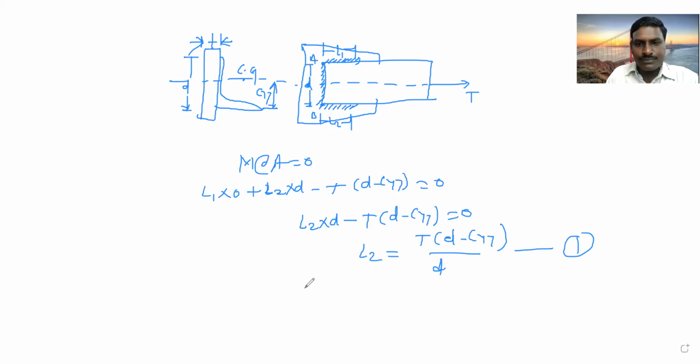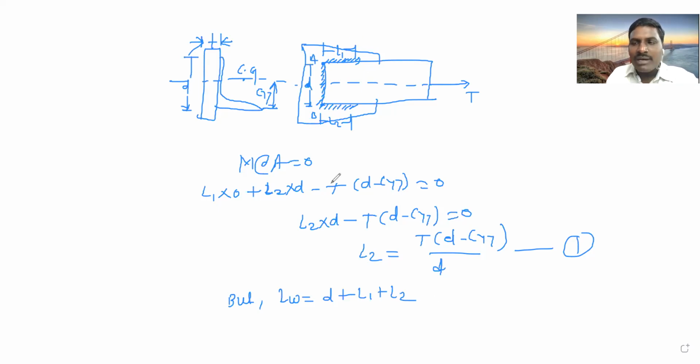So now, as I told you, what is LW? L1 plus L2. Now here LW is D plus L1 plus L2. Why?